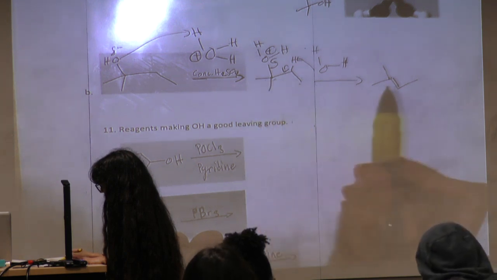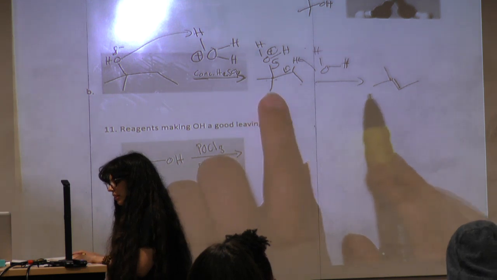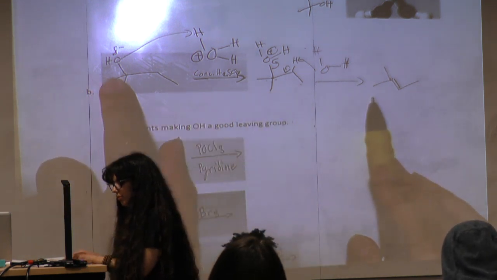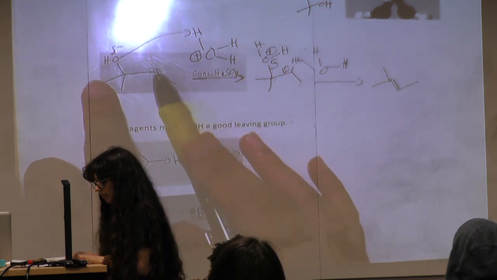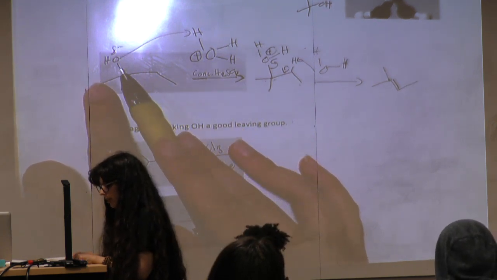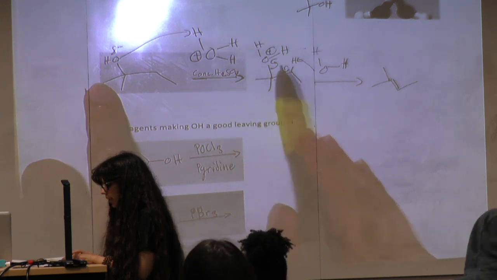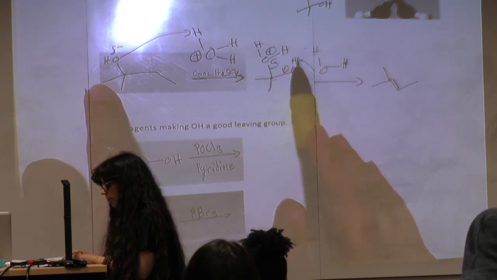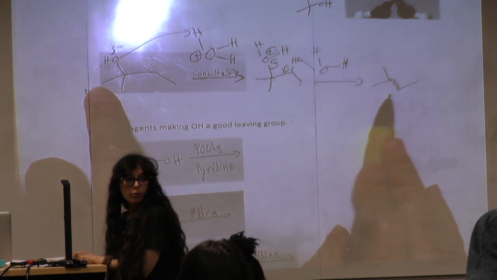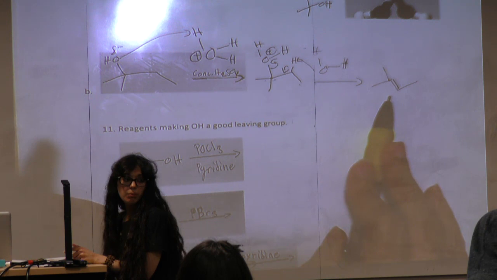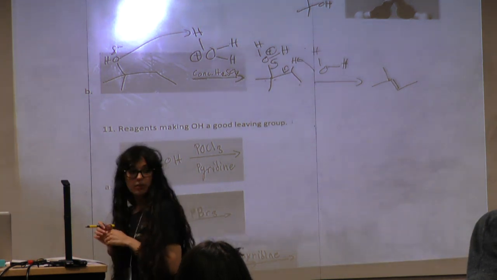Yeah, I put that in the right area. Can everyone see that clearly? So you could just get rid of the OH, but I'm just showing you how it happens. We protonated our alcohol to make it water. Water left, and we made water leave by picking off this proton and forming a double bond there. And we did it at the more substituted area because that's the most stable area. Is that good?